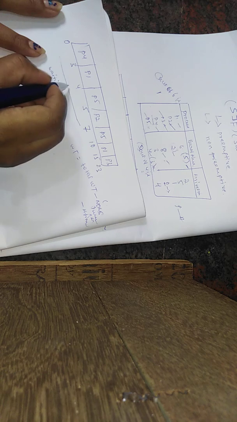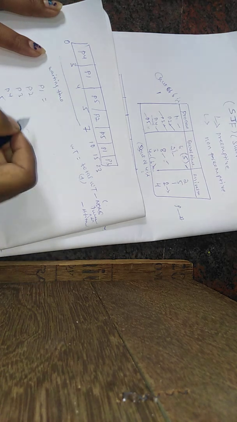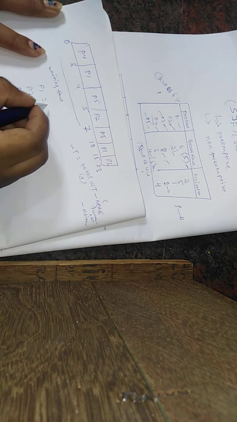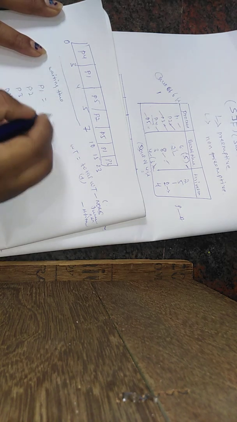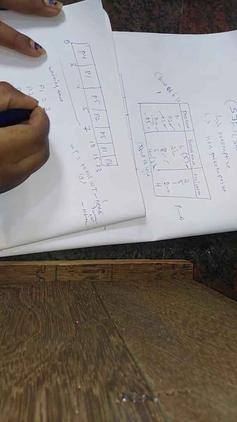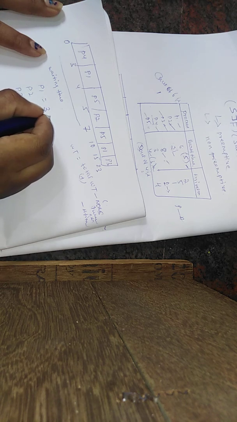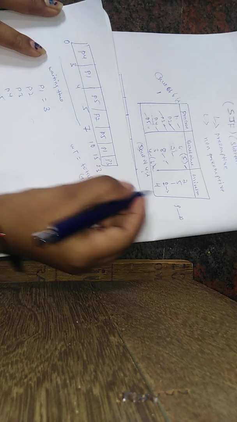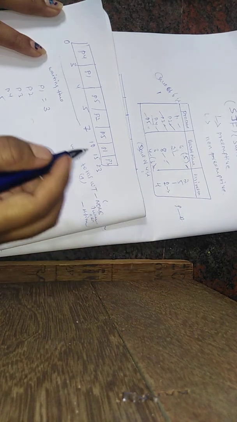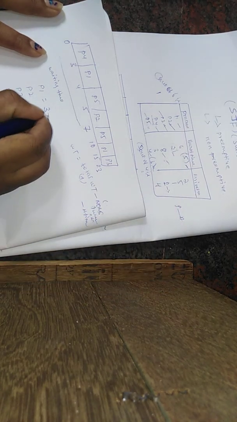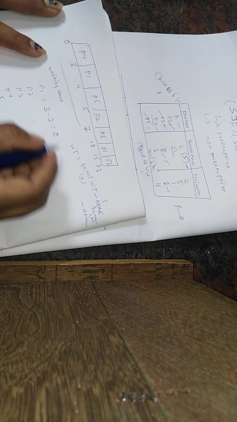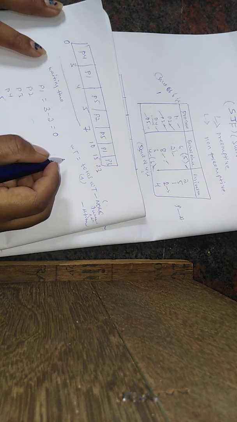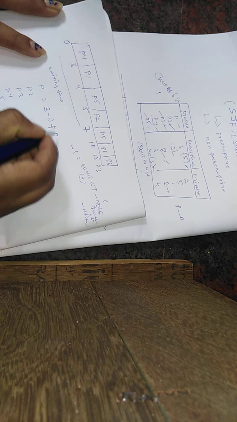It means this one we can call it as a process. First, we should write P1 value. What is the P1 value? 3 minus arrival time, 2, 0. Plus 6.